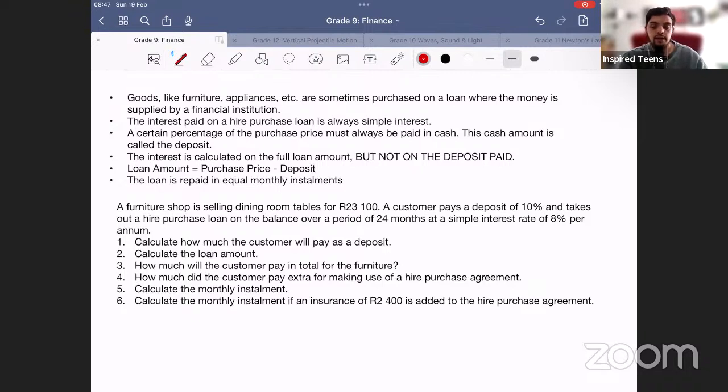However, you are going to have to make a deposit, let's just say of 2,000 Rand. And then the rest of the 8,000 Rand, you're going to have to pay off monthly, but they are going to charge you interest on it. So at the end of your payments, you're actually going to be paying more than 8,000 Rand. Because obviously you're paying it over time. They are supplying you the product without immediate payment. So that's why they charge you long term.